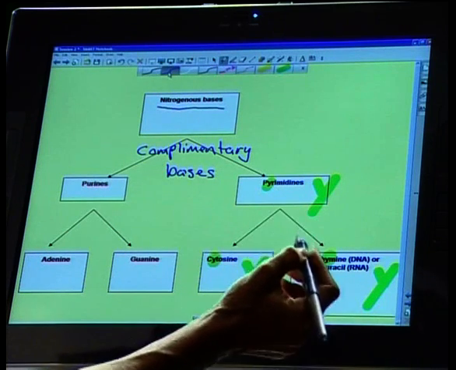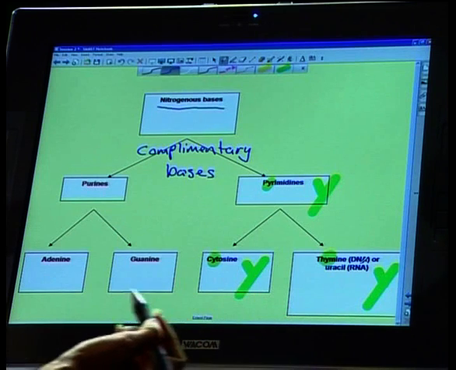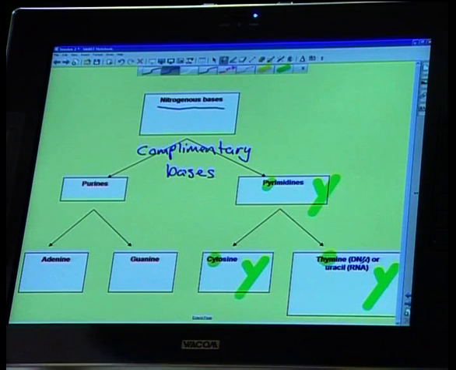Okay? Now, we're going to have thymine in DNA. But in RNA, there's only uracil. So uracil will replace thymine always if it is an RNA. So if you see any nucleic acid and it's only one strand and there are no T's, it will have U's in place. Why? Because in RNA, uracil replaces thymine.